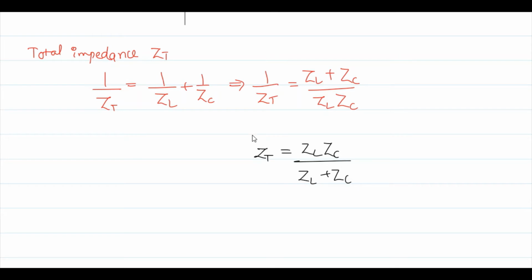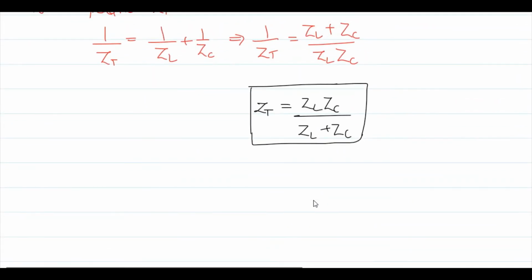This is the total impedance of this parallel LCR circuit. Now ZL is nothing but XL, that is j omega L, and ZC is XC, the reactance, which is 1 by j omega C.